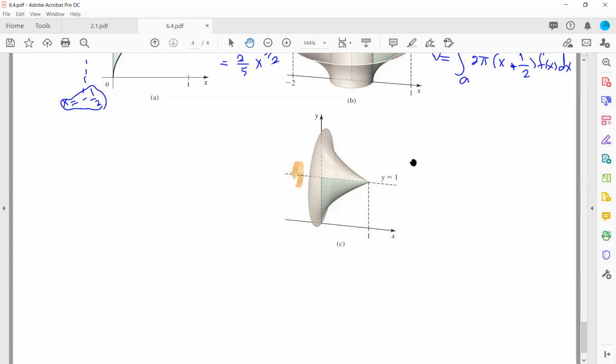Washer for 2 functions, okay. What are those 2 functions?